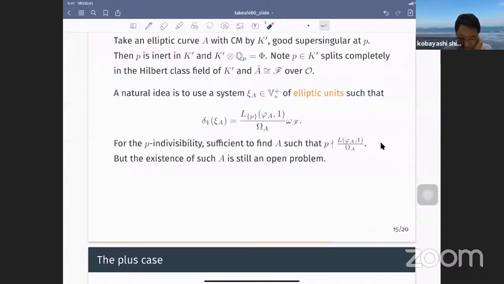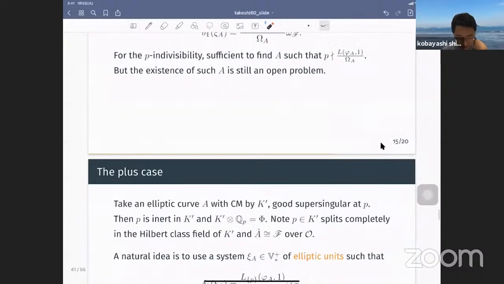So if we know the p-indivisibility of such a value, then we have the plus conjecture, the plus local indivisibility. But this problem is still open, so we don't know that such an A exists.